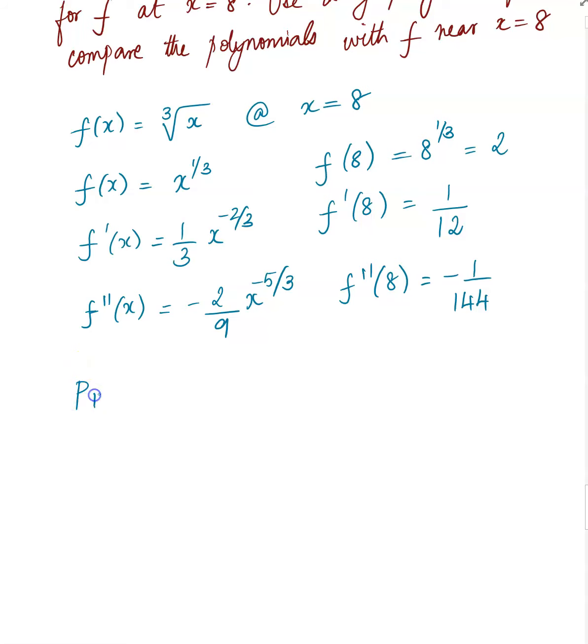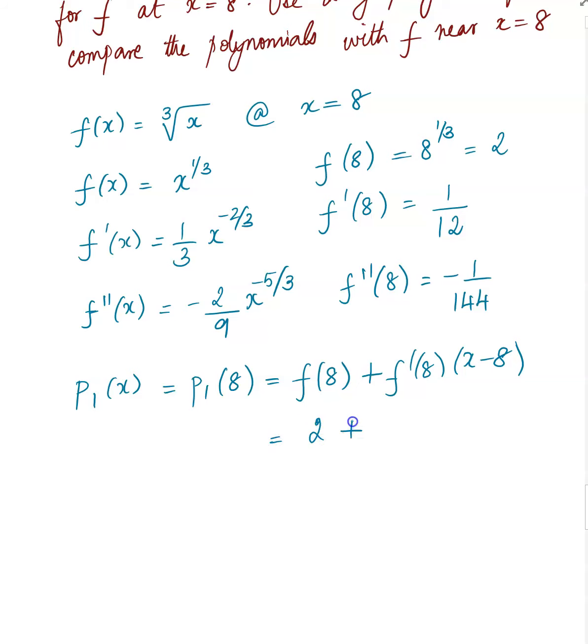Because the first and the second Taylor polynomials are required, we will go with P1 of x. In this case, it's P1 of x equals f of 8 plus f prime of 8 times x minus 8. That's 2 plus 1 over 12 times x minus 8, so 2 plus x minus 8 over 12.